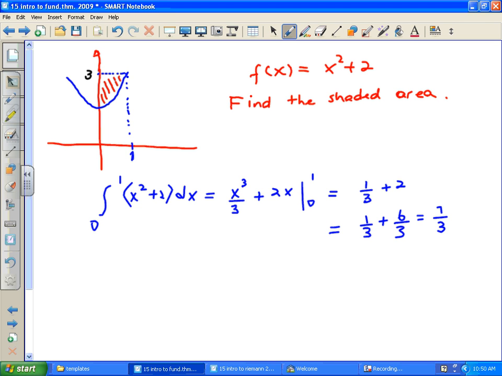And to finish it off, area shaded equals the big area, as Sandra suggested, 3 times 1, the area of the rectangle, minus the area under the curve, and that gives us 2/3.